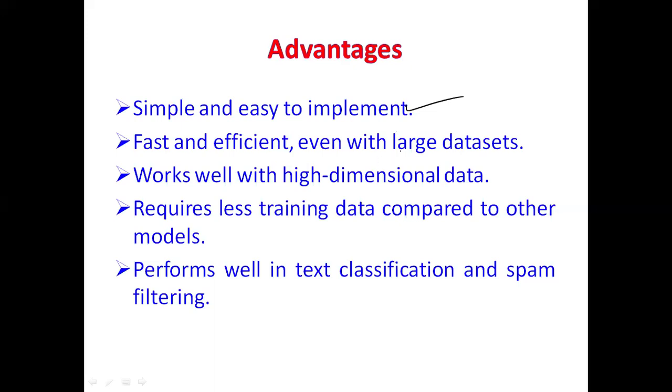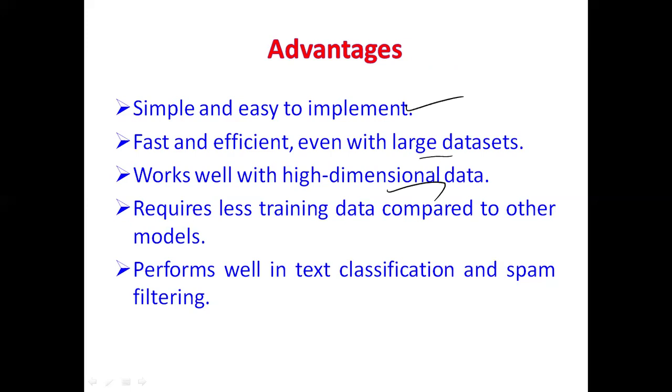Next, it is computationally fast and efficient even when working with large data sets, as it calculates probabilities based on feature independence assumptions. The model performs exceptionally well with high dimensional data. This is the main advantage. It is used in high dimensional data such as text classification, where many features are involved.